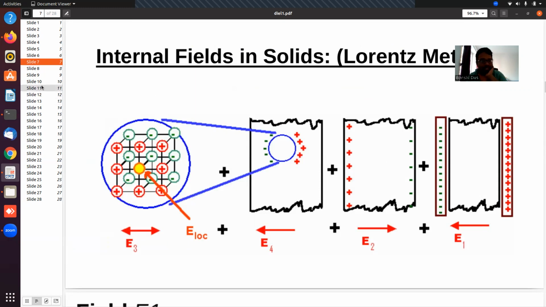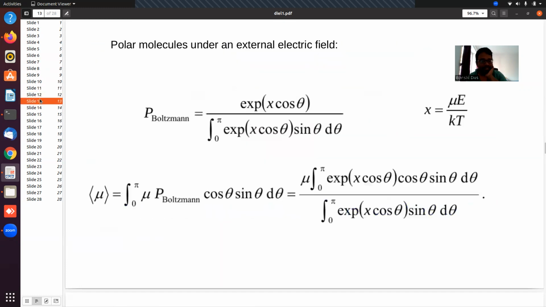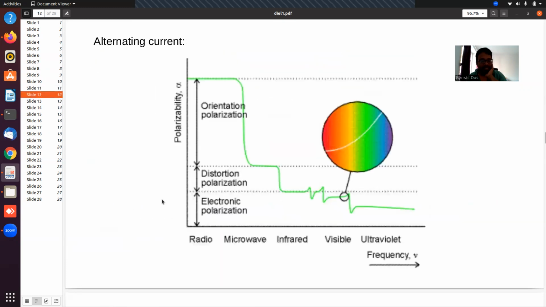But in an experiment, if we apply alternating current, a frequency dependent electric field, and we use a very high frequency, then we get a very low polarization response.